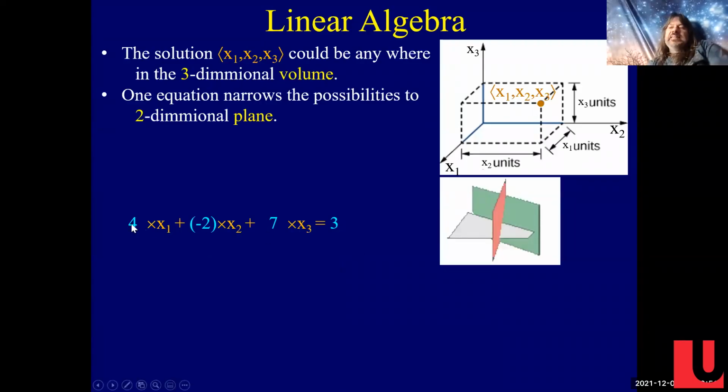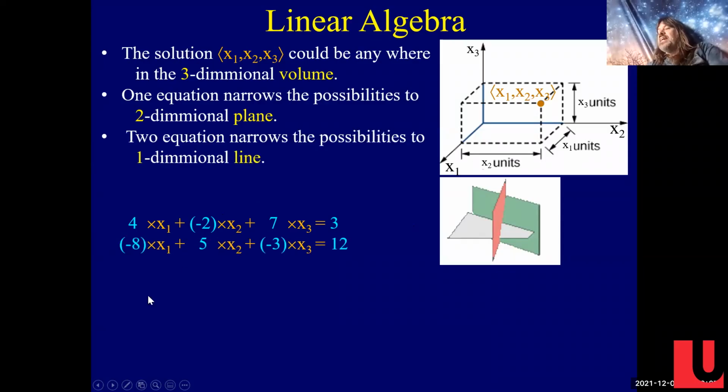You can think about how an equation like this narrows us down to a plane. Anyway, if we have another equation, that equation narrows this down to a different plane, right?